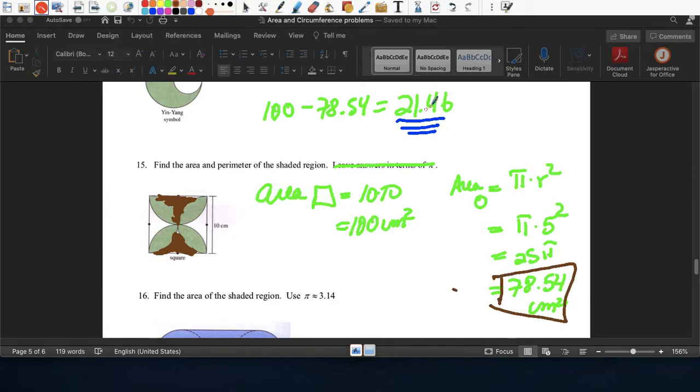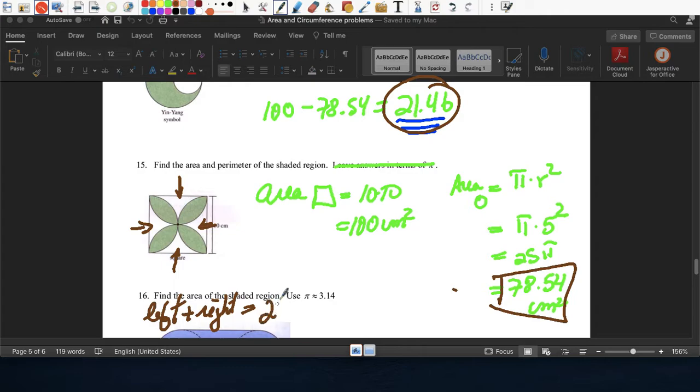But now I can subtract 21.46, which is these two parts, this part and this part, which have the same measurement as the left and right. So left plus right equals 21.46, right? The area of the left and right, which means the up and down is also 21.46.